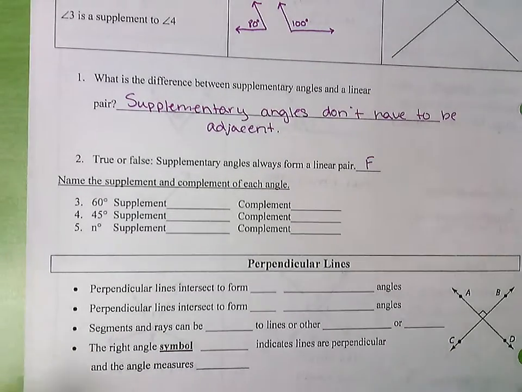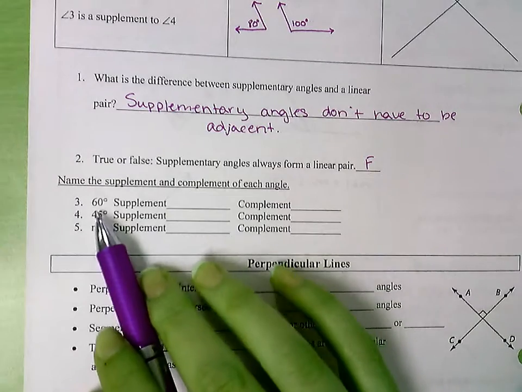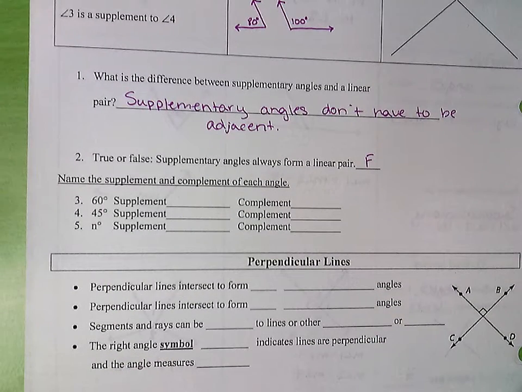All right, so looking at our next example here, we want to name the supplement and complement of each angle. Supplement meaning what makes it add to 180. Complement meaning what makes it add to 90. So if I'm given an angle of 60 degrees and I want to find the supplement of that angle, I want the second angle that makes them added together to be 180.